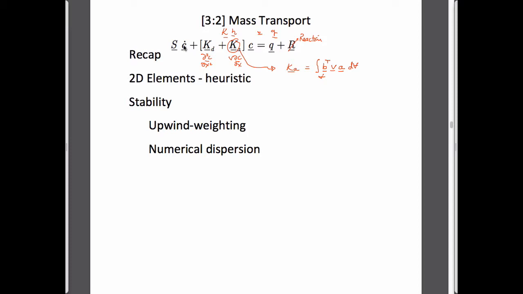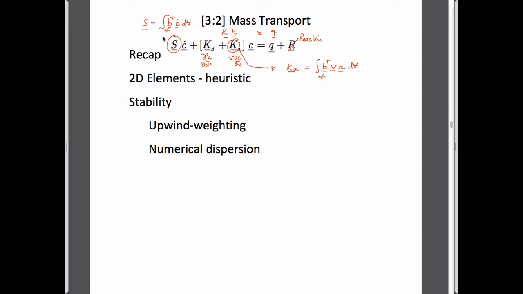We also did a transient problem where this capacitance term is not 0. And we know that the capacitance matrix that we have is no different from the one that we had for steady Darcy flow. It's components, not the derivatives, but the shape functions, product of the shape functions, integrated over the volume, and has the same physical meaning as before.